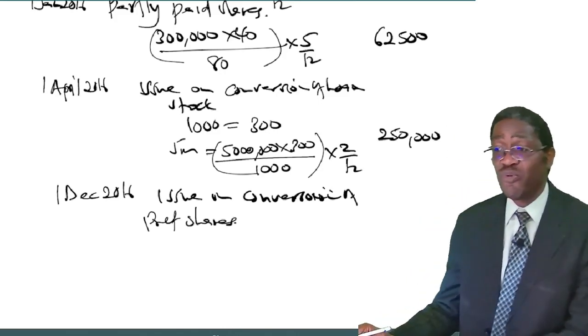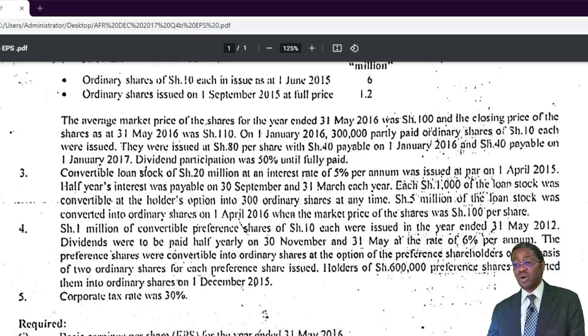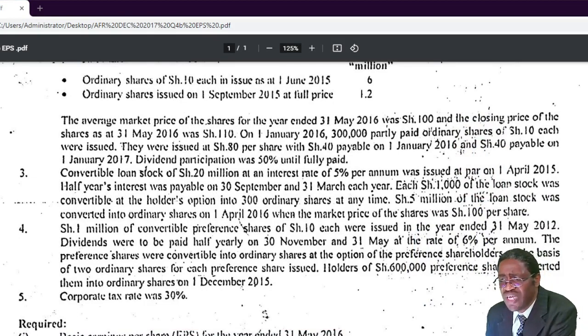The last sentence says the preference shares were convertible into ordinary shares, at the option of the preference shareholders, on the basis of 2 ordinary shares for each preference share. Remember it said at the start, shillings 1 million convertible preference shares of shillings 10 each were issued many years ago. That is in 2012.